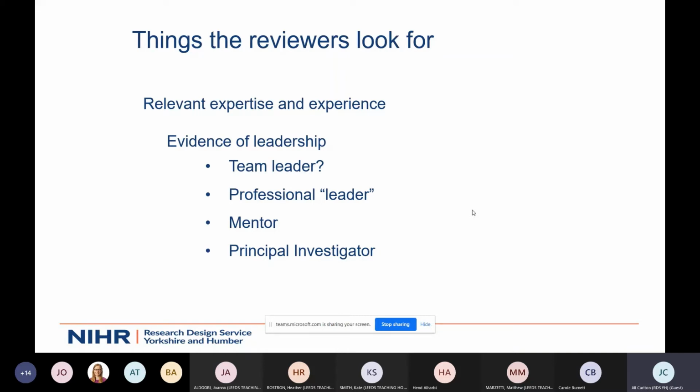Some people might be principal investigators or the site lead for larger studies or something such as that. So think of examples in which you're showing leadership and that you're showing ways in which you're already wanting to inspire others, because that's what the reviewers are wanting. That's what the NIHR are wanting, for you to be the next big thing, and that people are wanting to be around you and, you know, aspire to be you.